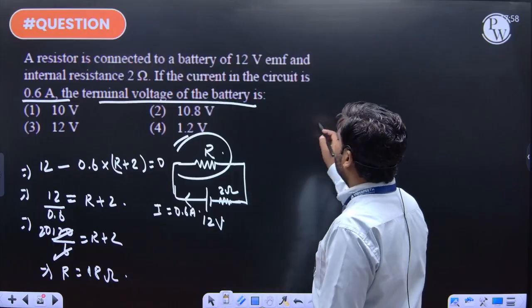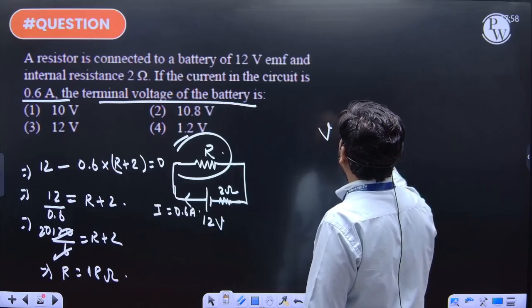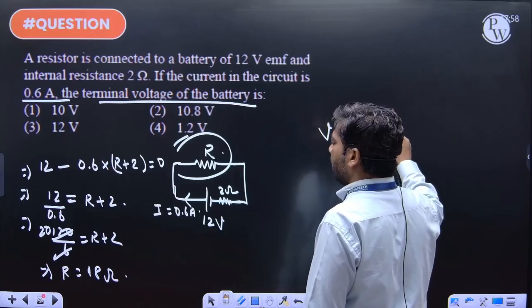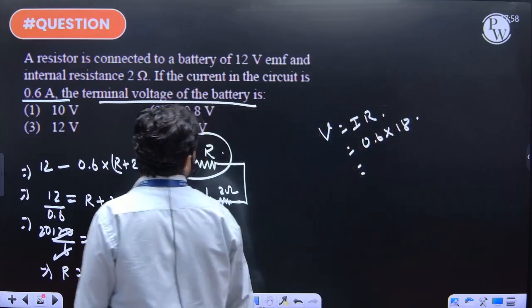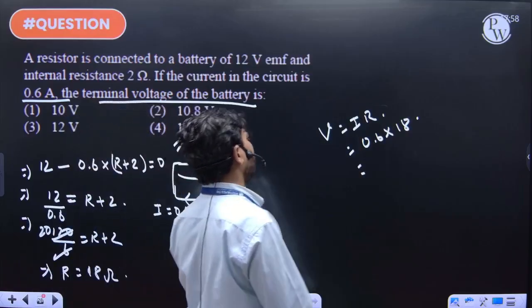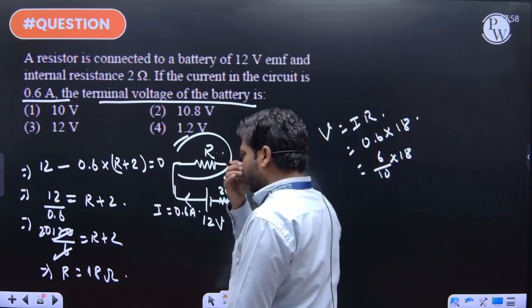Now what is the voltage drop? So terminal voltage is equal to I into R. So I is 0.6, R is 18. Correct? So 18 into 0.6, you can simply do 6 by 10 into 18. It's easy, right?